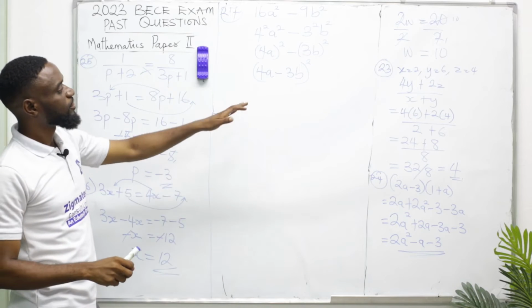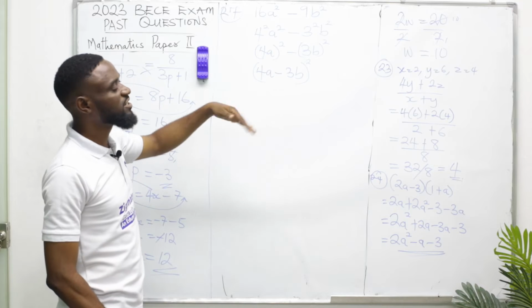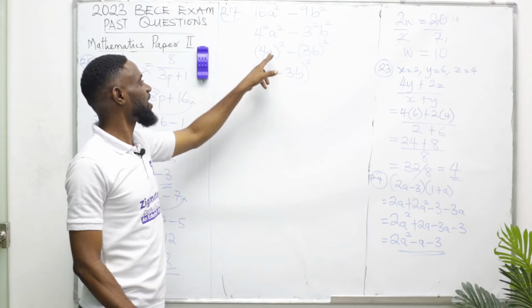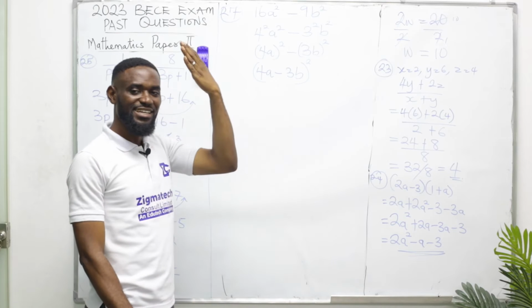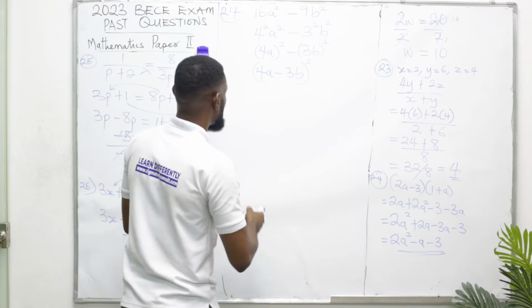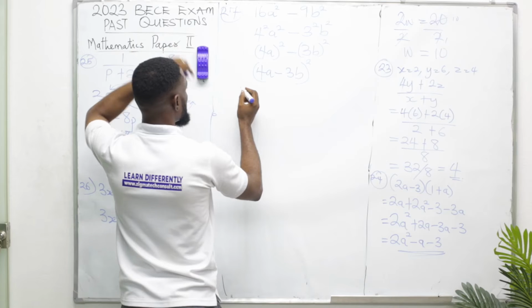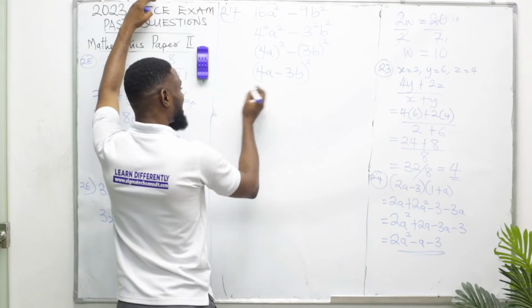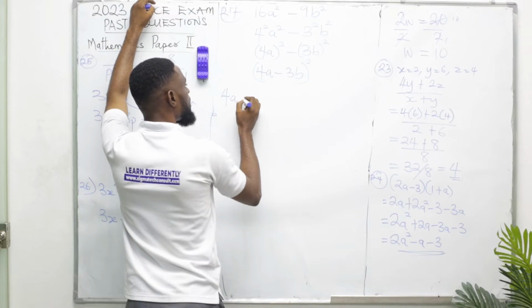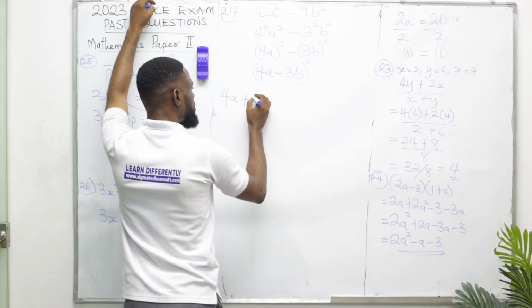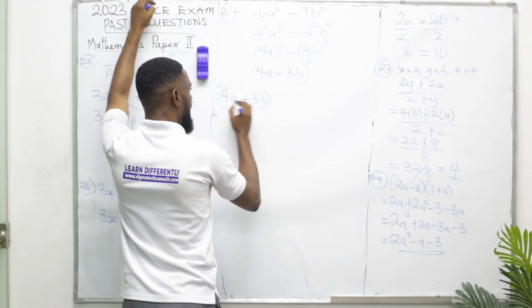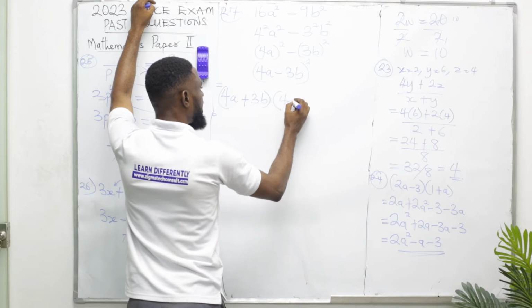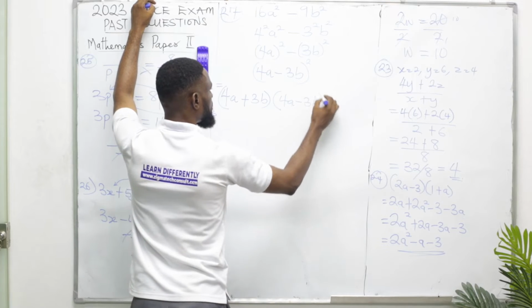Okay, now this is the difference of two squares. Like we have this squared, we have this squared. So this is the difference of two squares, okay? The rule is when we have this, it means that we have 4a plus 3b and 4a minus 3b.